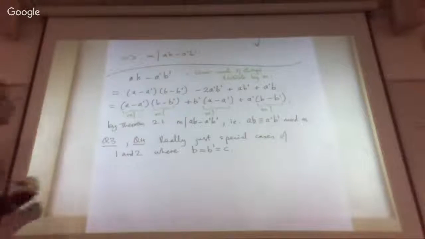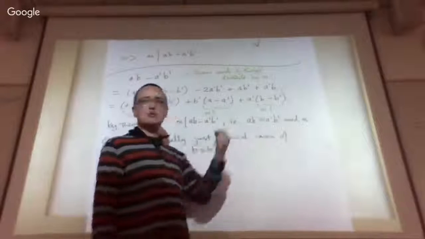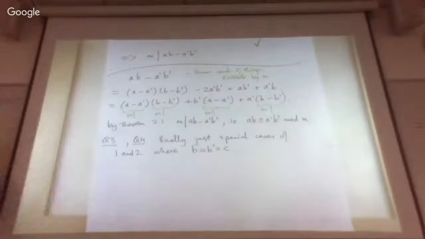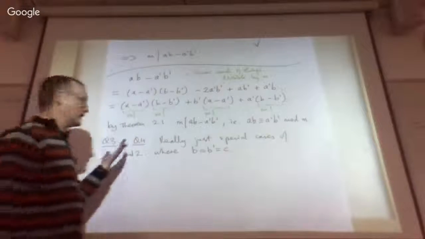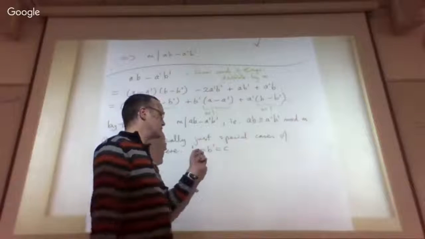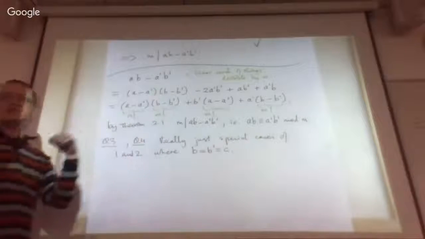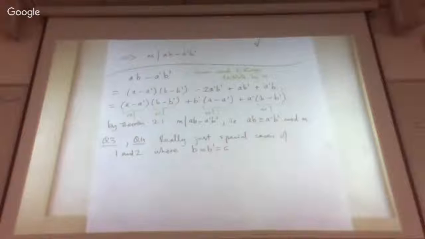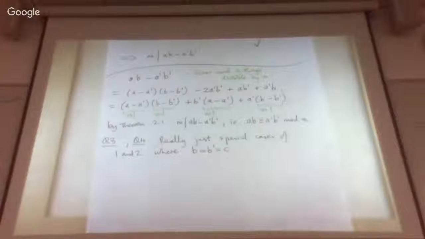Okay? Remember, congruence is an equivalence relation. Everything is congruent to itself. So that's fine. Using C for both B and B prime is fine. C is congruent to C. And so there we just have addition and multiplication where you're just adding on the same thing each time. So questions 3 and 4 go through as well.